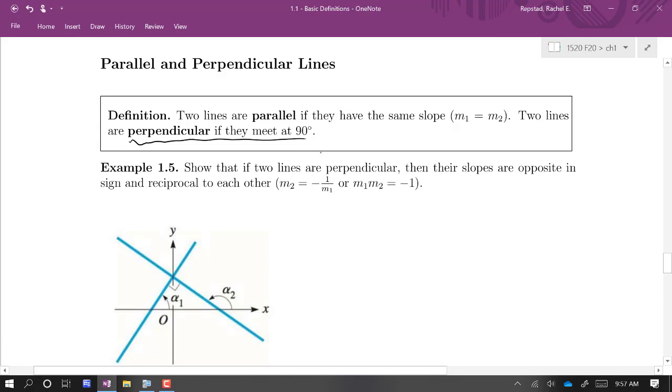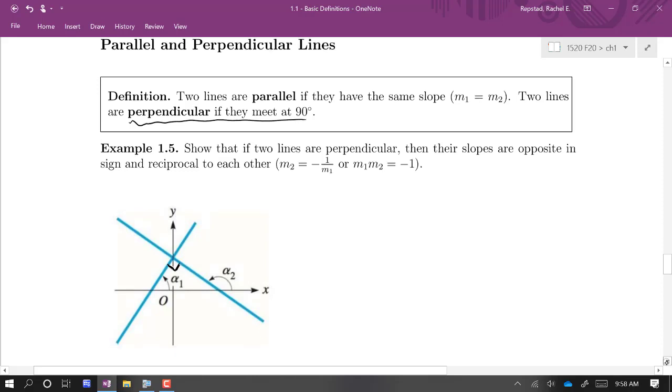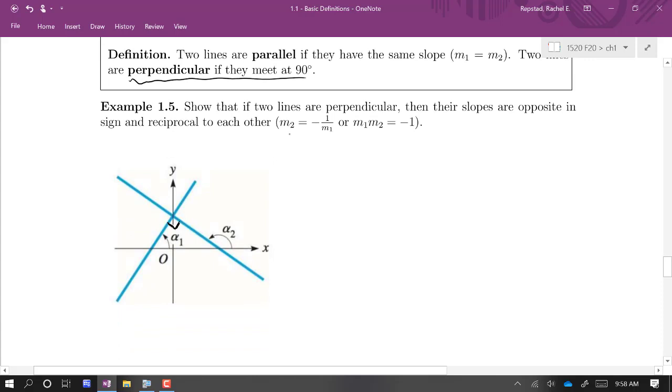So we're going to take two lines that are perpendicular, and we're going to use as a definition of perpendicular that they meet at a right angle here. And we are going to show that the slopes of these lines are opposite and reciprocal. In other words, we're going to show that M2 is negative 1 over M1, or equivalently, and this might be easier, that M1 times M2, their product, is equal to negative 1.